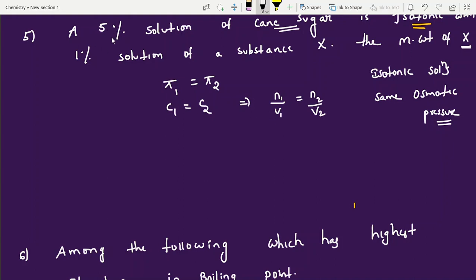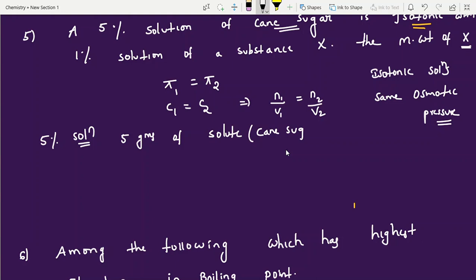Okay, first you come back to the question. If a 5% solution of cane sugar is isotonic with a 1% solution of the substance X, what is the molecular mass of X? So first you have to write the expanded form. 5% is nothing but 5 grams of solute. What have they mentioned as solute here? Cane sugar.